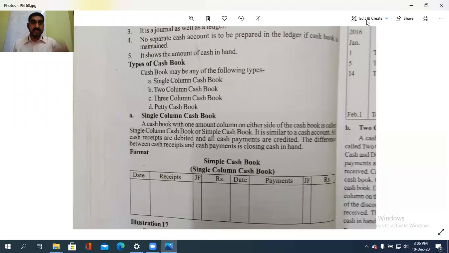The cash book may be a single column cash book, with one column on both sides, or a double column cash book, with two columns on both sides, either cash or bank, cash or discount, or bank or discount. A three column cash book has three columns on both sides: cash, bank and discount, whether allowed or received. And there is also the petty cash book for handling petty expenses.